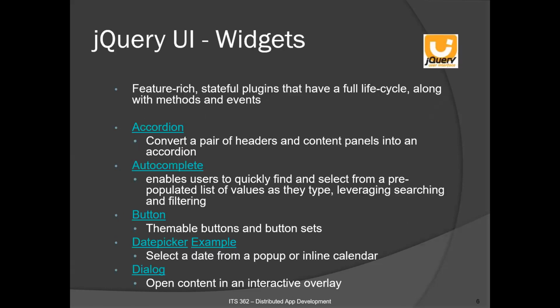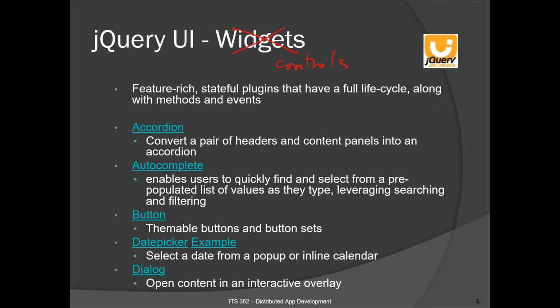Some of the things that you have are feature-rich stateful plugins that have a full life cycle along with methods and events, so the whole thing. The controls, I'm just going to be calling them controls.